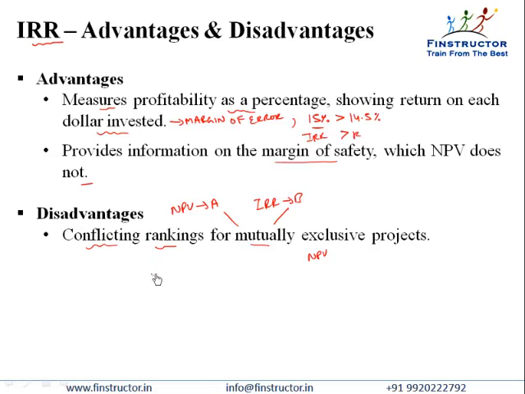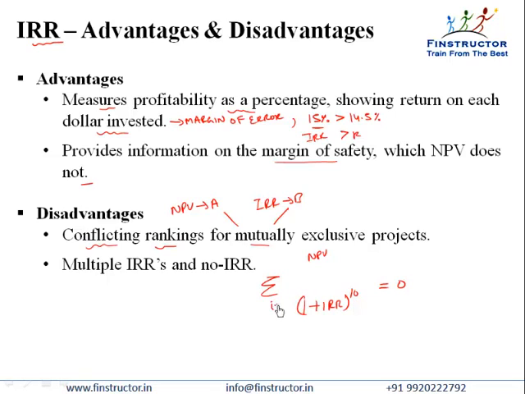Secondly, the mathematical calculation for the IRR is relatively complicated, because the IRR is a solution to a complex equation which often ranges to the power of 4 or 5. So there can very easily be terms of 1 plus IRR to the power 10, the sum of which has to be equal to 0.